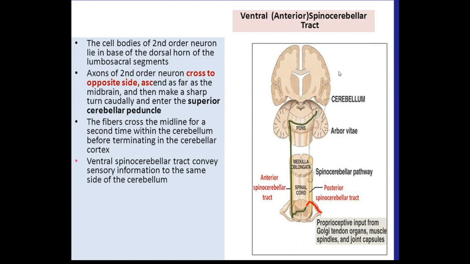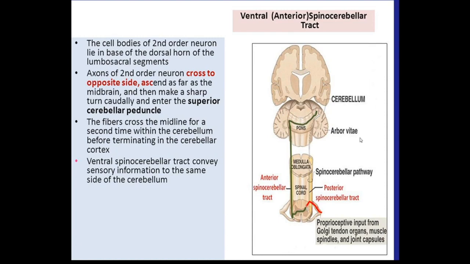So we have the same situation like in the case with the dorsal uncrossed Flechsig's tract. The ventral or anterior or Gowers' spinocerebellar tract conveys sensory information to the same side of the cerebellum also.